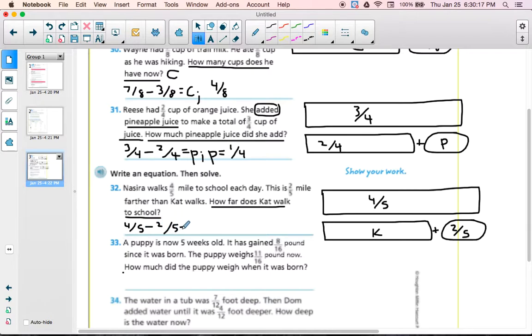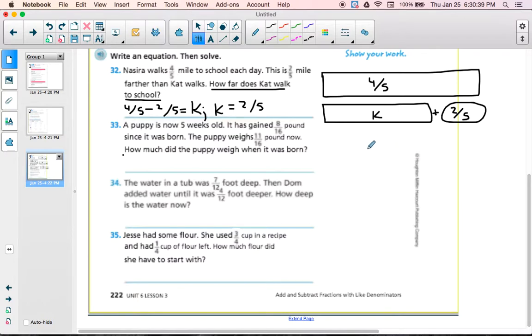That should give me what Kat walks. 4/5 minus 2/5 equals 2/5. So Kat walks 2/5 miles. 2/5 plus 2/5 equals 4/5. So what I'd like you to do is kind of use the comparison bars and see if you can't finish out problems 33, 34, and 35.